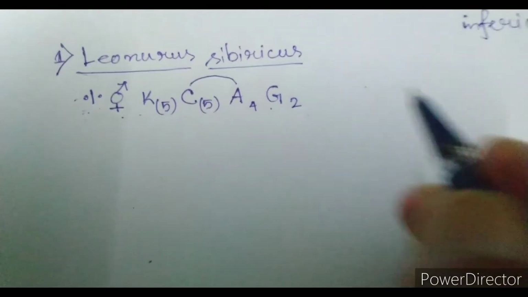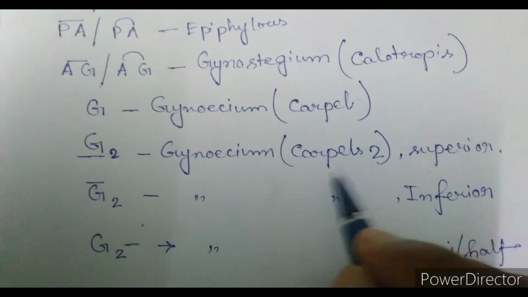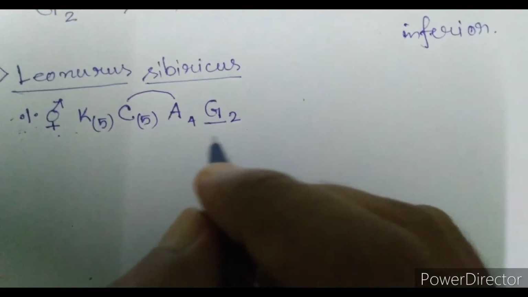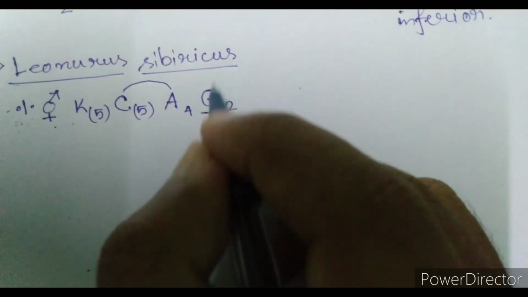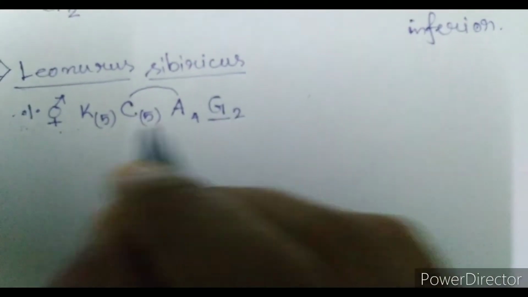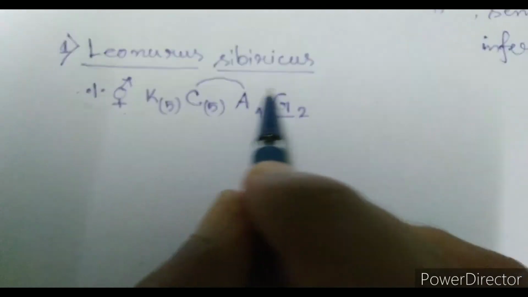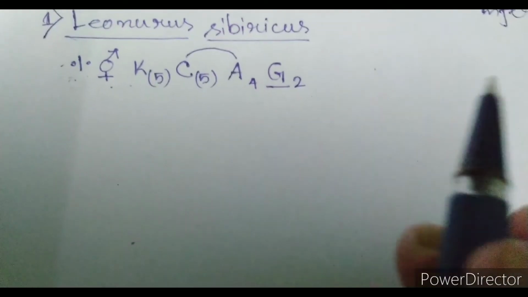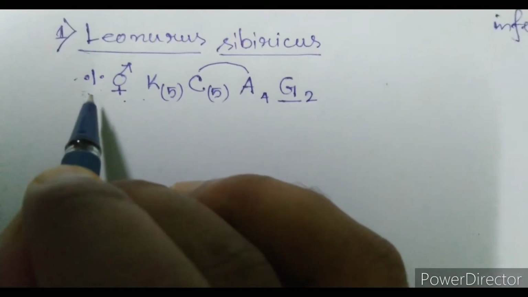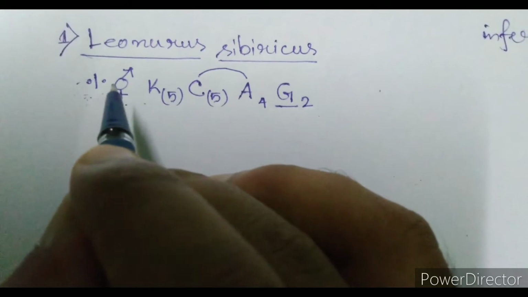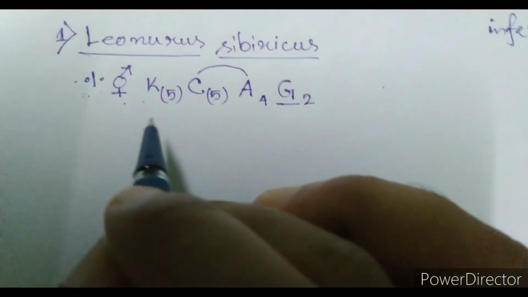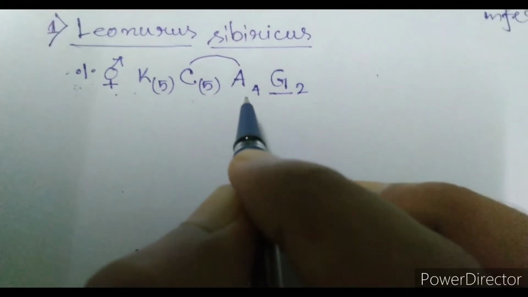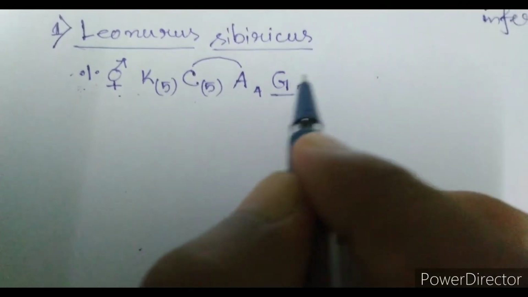So when it is superior, the symbol is G with a line underneath, the line present below the G. So this is the floral formula of Leonurus sibiricus, arranged one by one like this. First of all, we take whether it is zygomorphic or actinomorphic, then whether it is bisexual or unisexual, and third we take calyx, fourth corolla, fifth androecium, and last gynoecium.